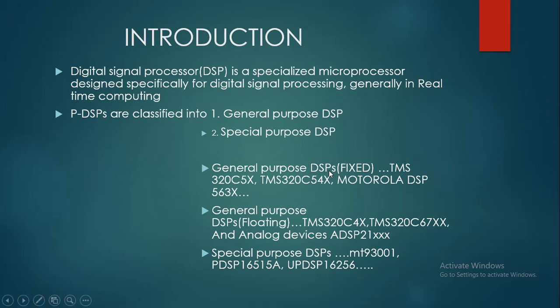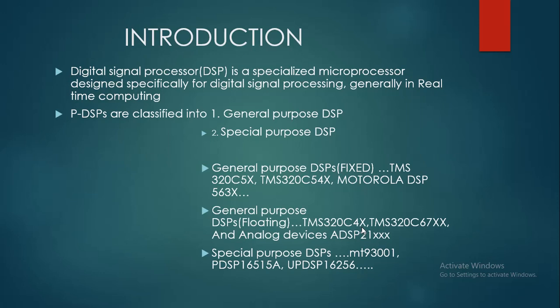Among the fixed point processors, the different examples are TMS 320C5X, TMS 320C54X, and Motorola DSP 563X. Among the floating point processors are TMS 320C4X, TMS 320C67XX, and Analog Devices parts like ADSP21XXX.